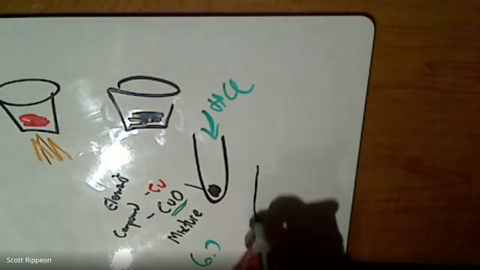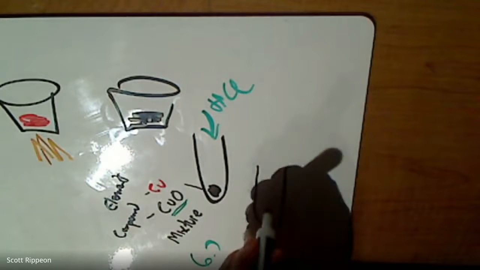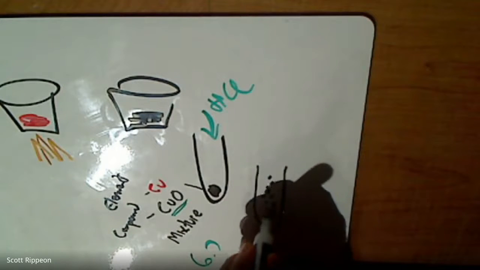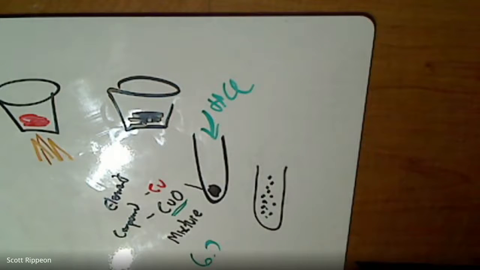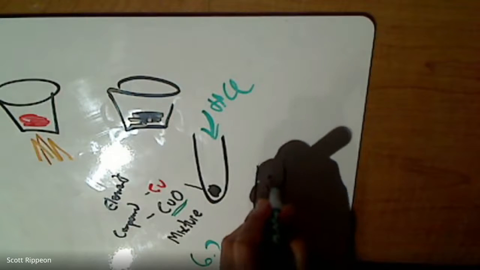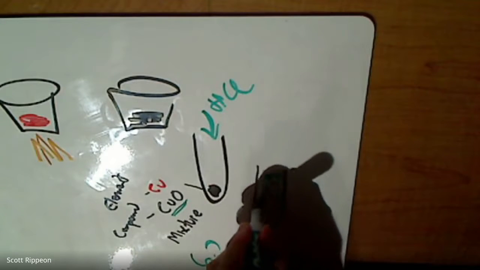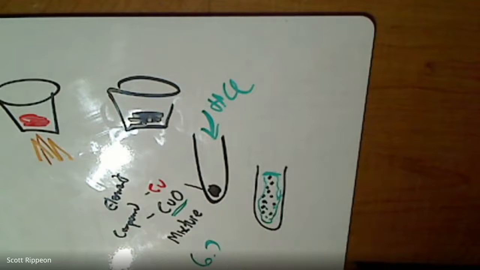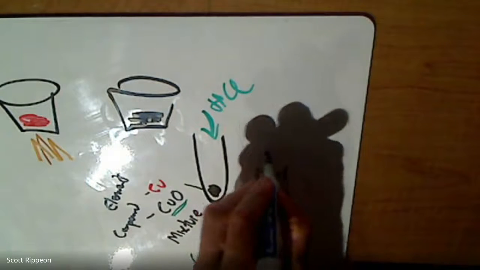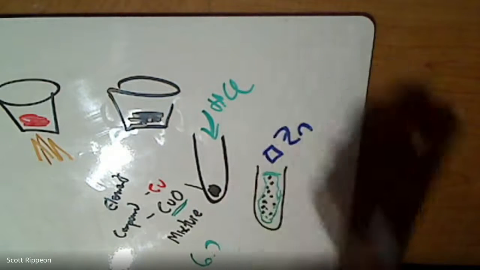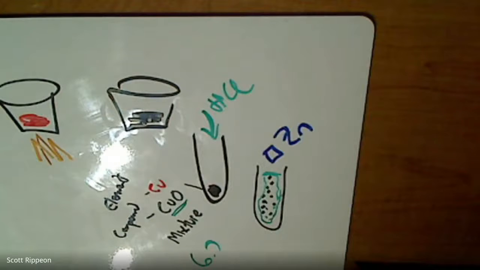In other words, we're going to dissolve the black stuff in hydrochloric acid. So this will be a solution full of hydrochloric acid, with that black stuff dissolved in it.